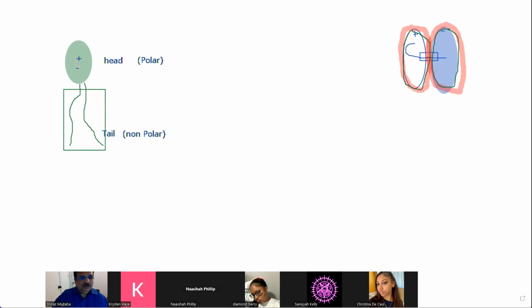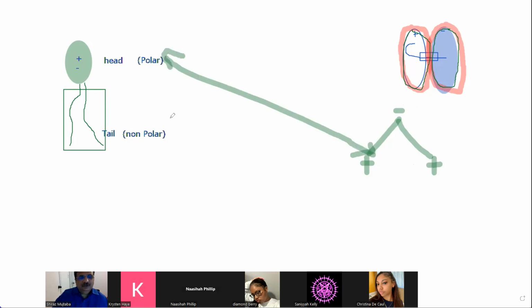Because it is charged, the head can interact with water. Remember the structure of water? Water has an angular structure, in which hydrogen is positive and oxygen is negative. So this polar head can interact with water, and they like water.